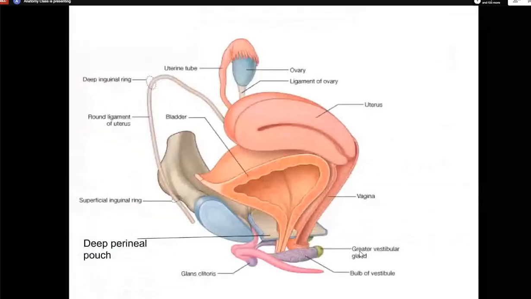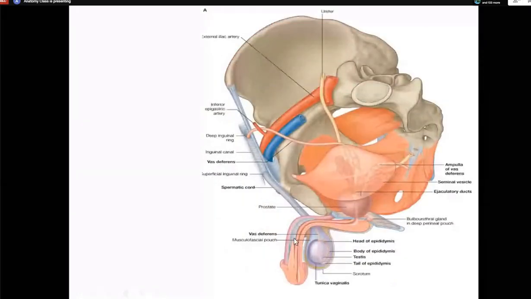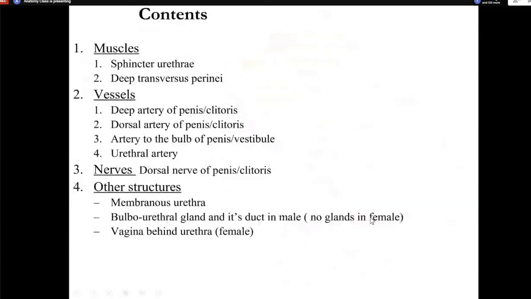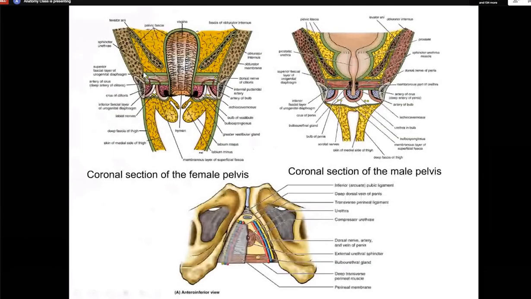Now this one is the deep perineal pouch. Whatever is over here, these are the contents of the deep perineal pouch. This is also a content of the deep perineal pouch, the bulbourethral gland. We have the muscles, vessels, nerve, and other structures. Mainly we have two different types of muscle. One is the sphincter urethrae. Next one is the deep transverse perineal muscle.